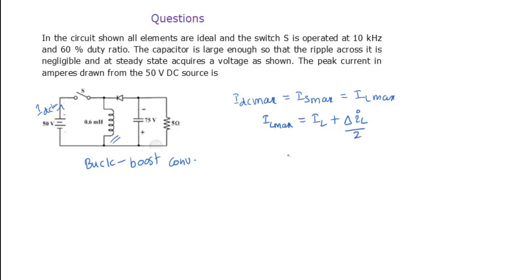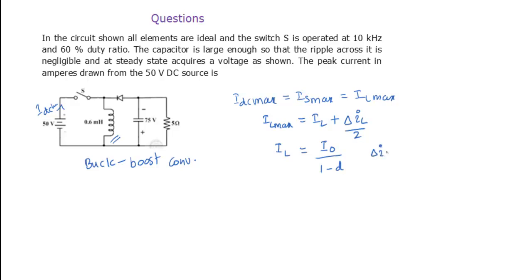In a buck boost converter, I told you the average inductor current IL is neither equal to I0 nor equal to IDC. That's why you calculate this IL in a different way: IL equals I0 divided by 1 minus D. And delta IL we also need to calculate.